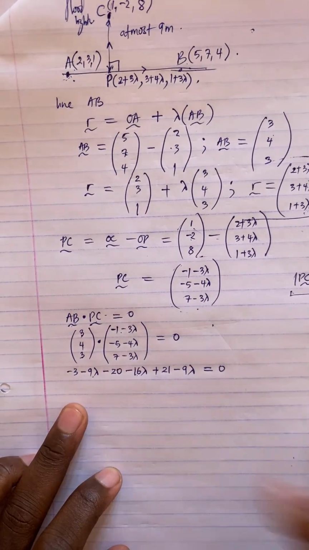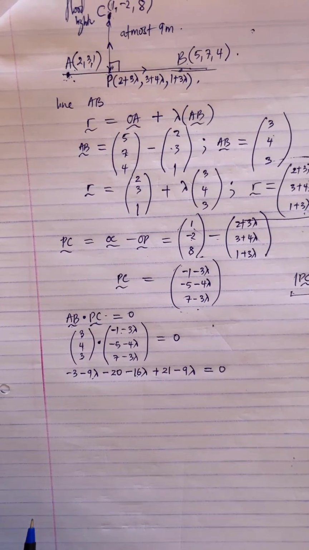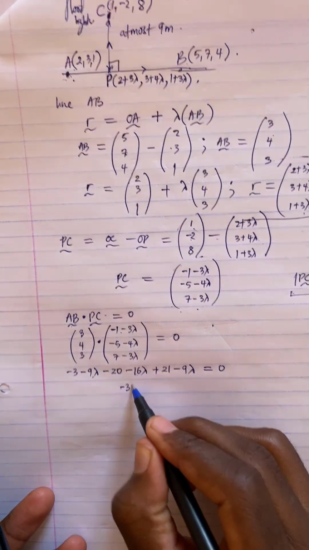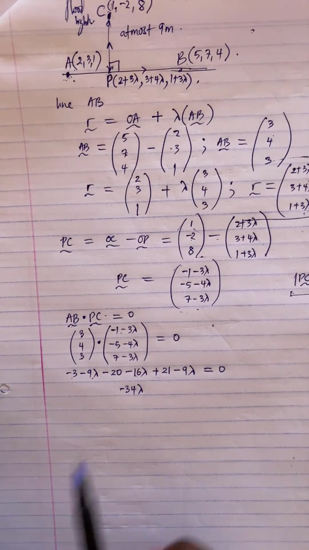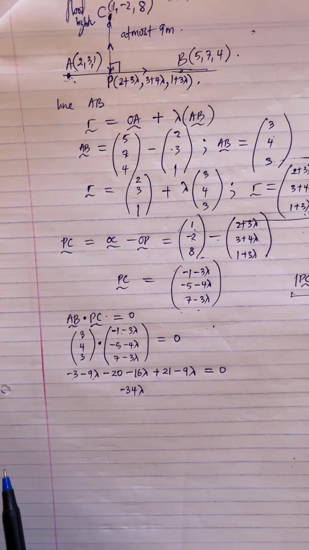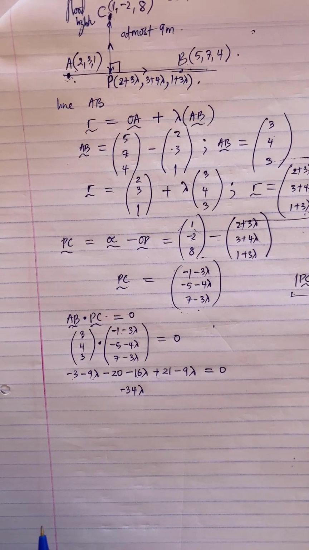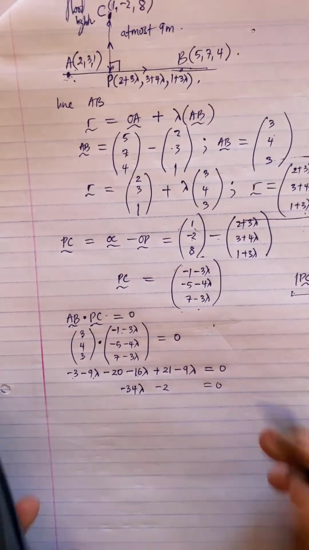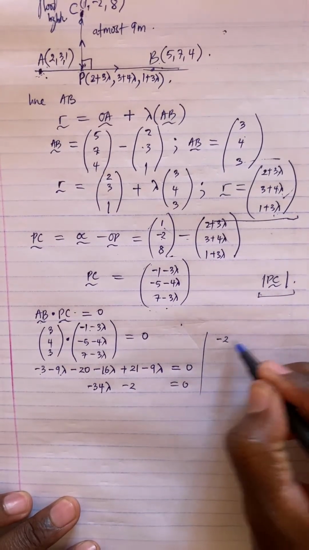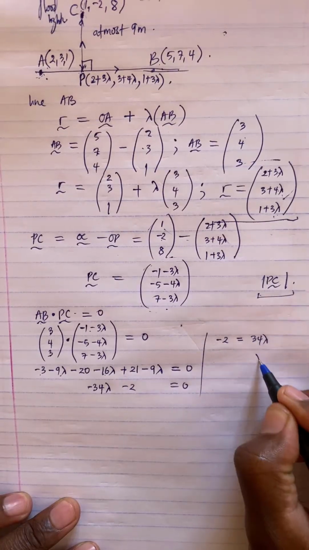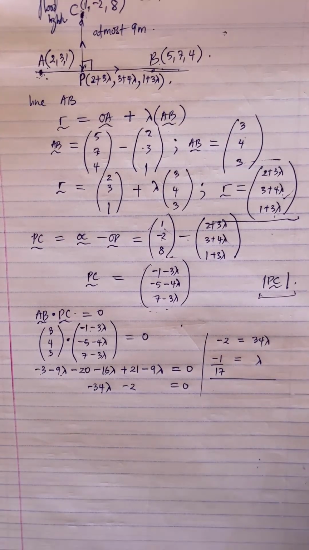So 3 multiplies this to get -3 - 9λ. 4 multiplies these to give -20 - 16λ. 3 multiplies this to get 21 - 9λ, equal to 0. Solving this: -9λ - 16λ - 9λ gives -34λ, and my constants are -3 - 20 + 21, which gives -2, equal to 0. So when I take this to the other side, I get -2 = 34λ, and my lambda will end up as -1/17 when I divide both sides by 34.